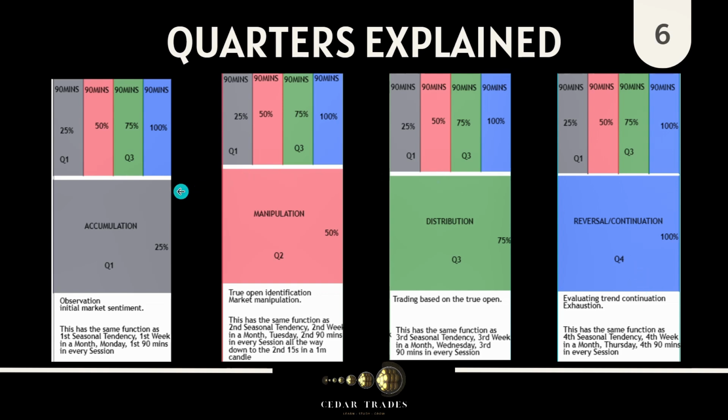So simply first quarter, second quarter, third quarter, fourth quarter, first season, second season, third season, fourth season. Then it repeats. It simply goes back to this, because accumulation starts everything.